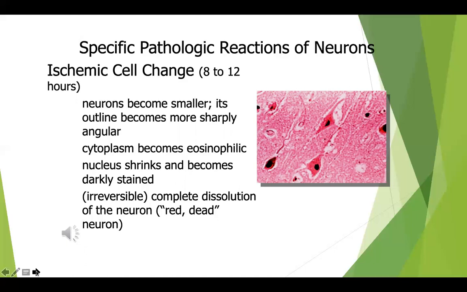The cytoplasm becomes eosinophilic, it becomes red. The nucleus shrinks and becomes darkly stained, unlike the picture I showed you. And if there is a complete dissolution of the neuron, you will end up with a red, dead neuron, which is already irreversible.